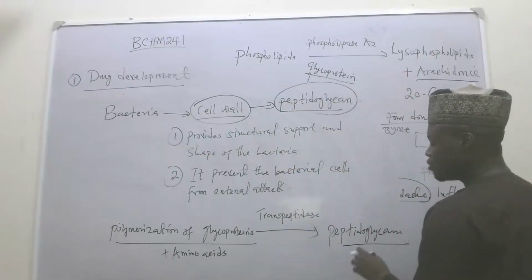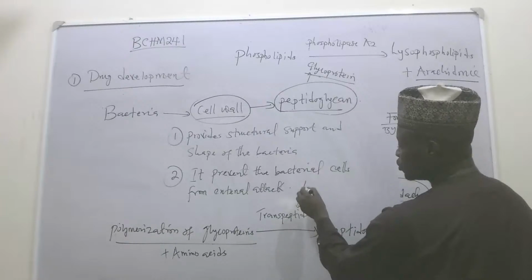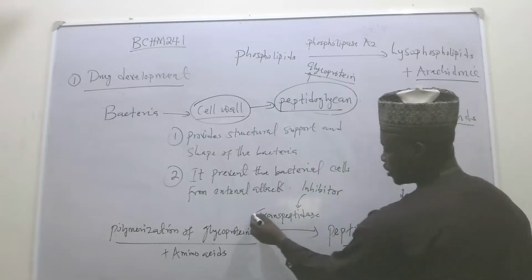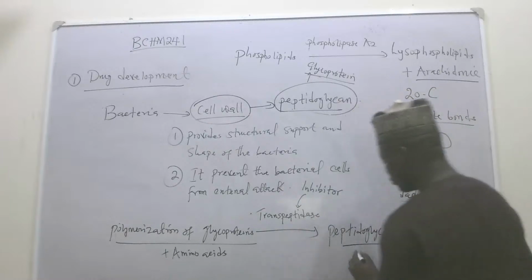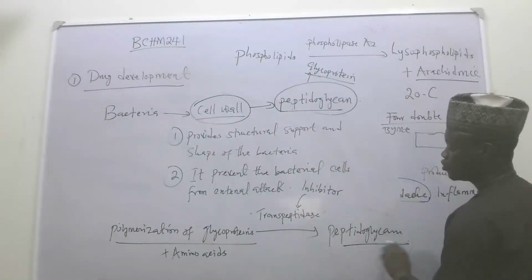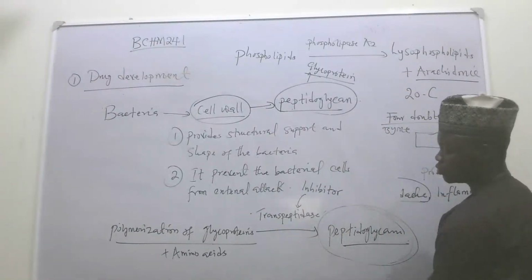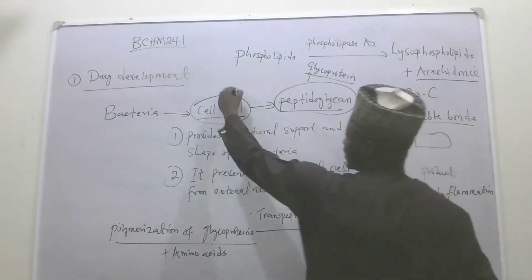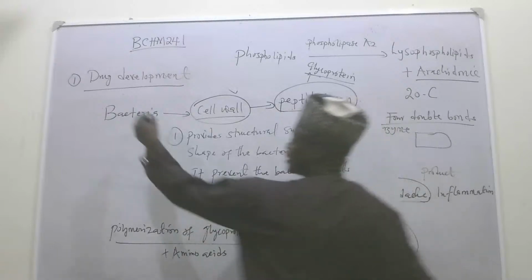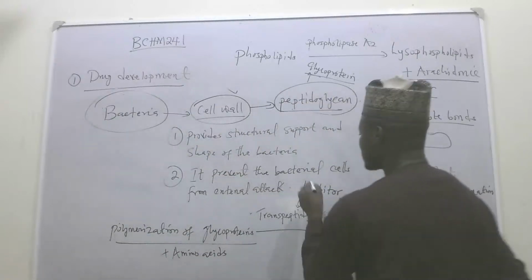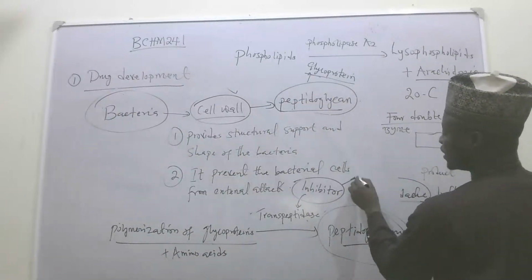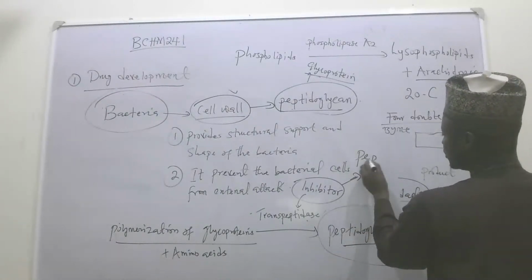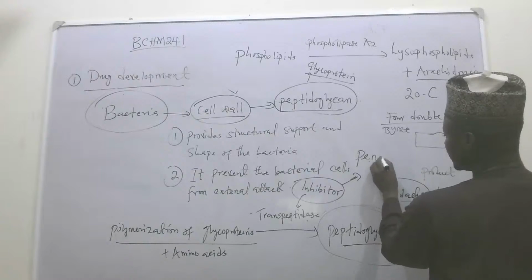So if you can get an inhibitor, a molecule that can prevent the formation of peptidoglycan by blocking the activity of transpeptidase, there will be no cell wall formation. Then the bacteria will die. These inhibitors are usually penicillin. Most of the antibiotics are derivatives of penicillin.